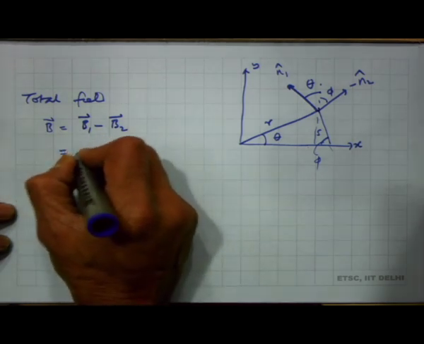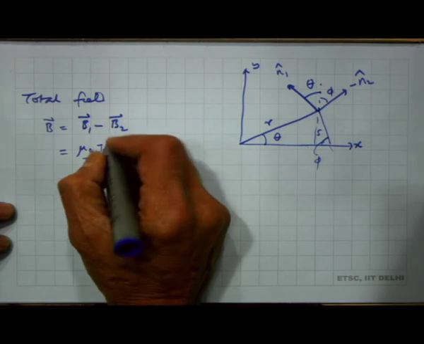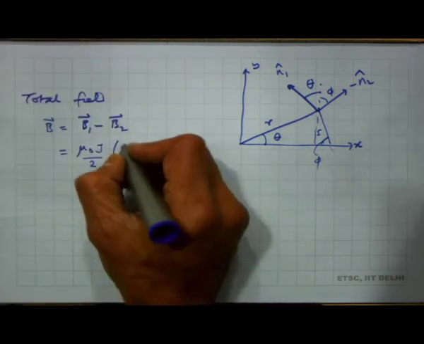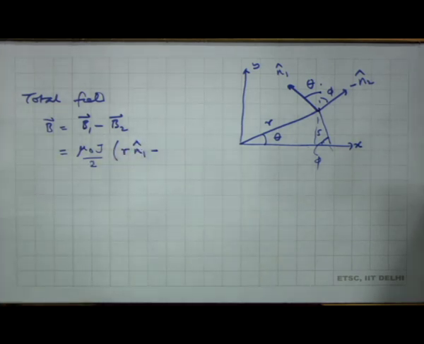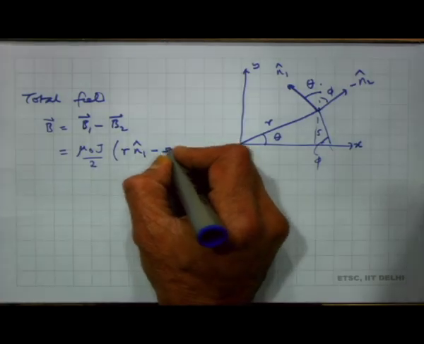So, which is nothing but mu naught j by 2 into, now B 1 is R n 1 cap minus B 2 has S n 2 cap, minus S n 2 cap.